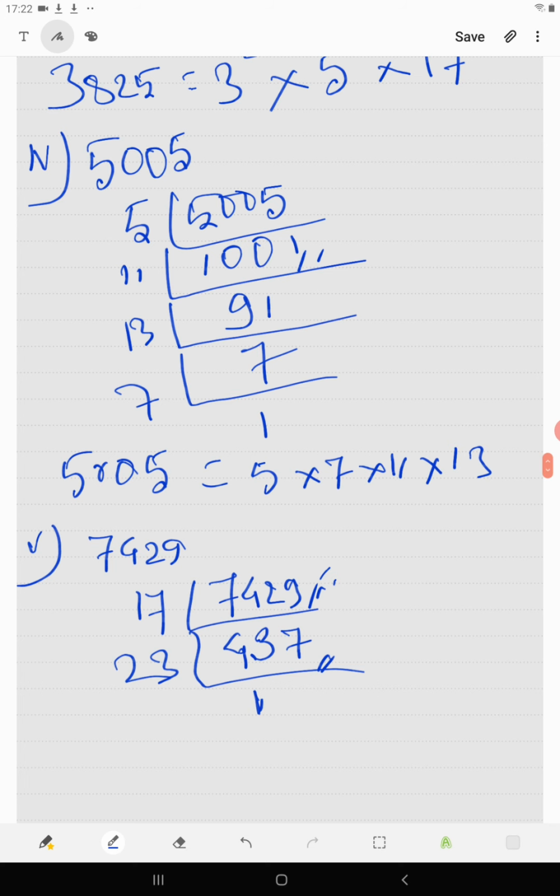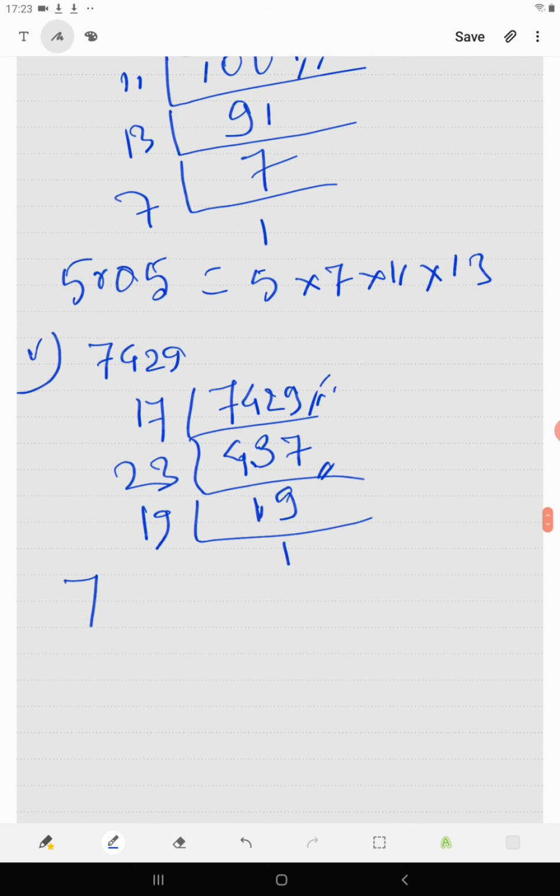If we had tried 9 also, we might have got 19 earlier. So finally we got 7429 equals 17 into 19 into 23. So question number 1 is done.